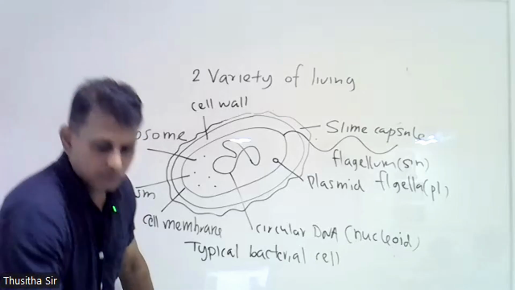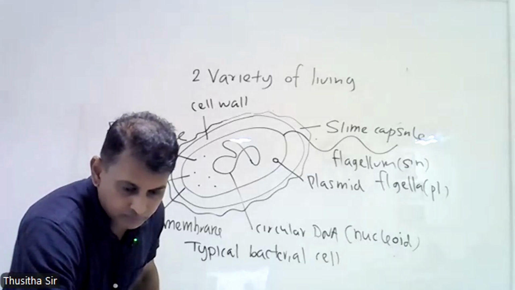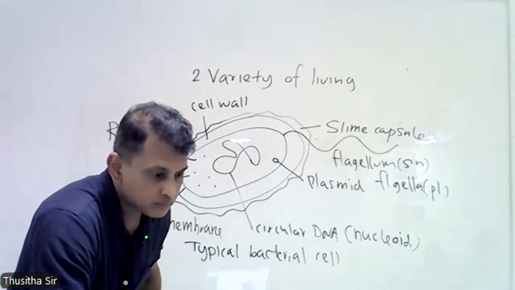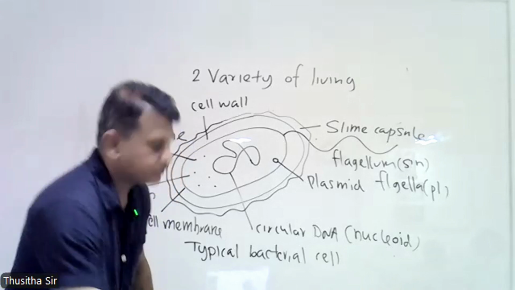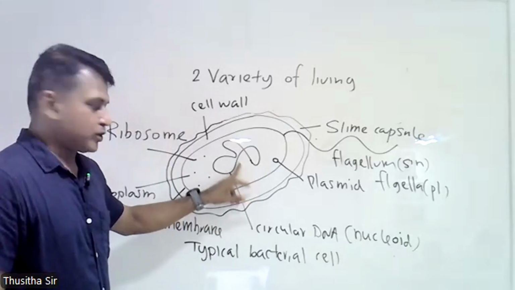Excuse me, sir. Yes? In a normal cell, usually the DNA is stored in the nucleus. So in the bacteria cell, where is it? We said they don't have a nucleus, so it's in the cytoplasm.